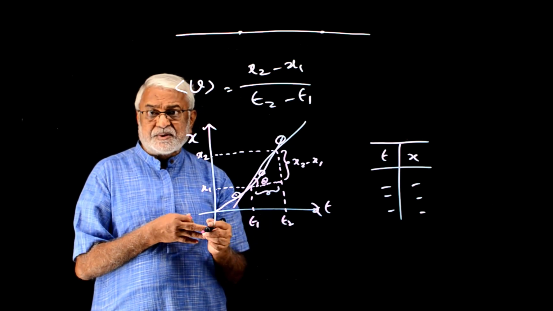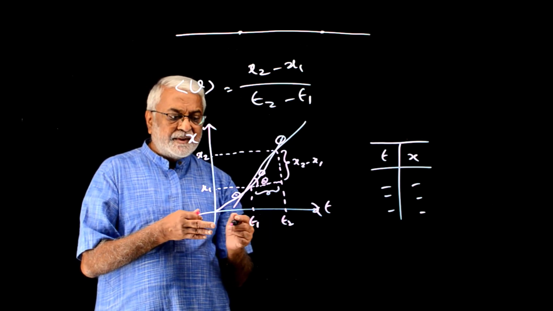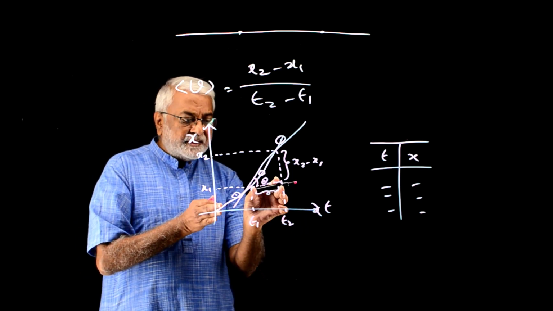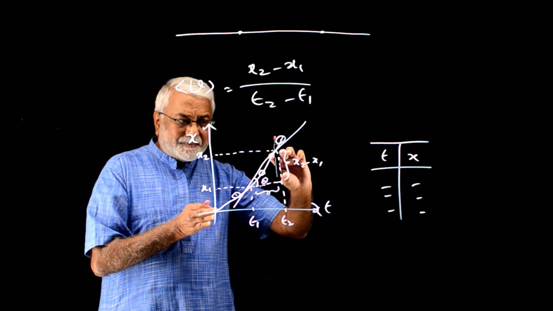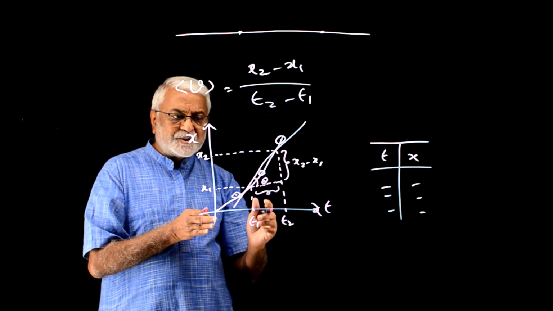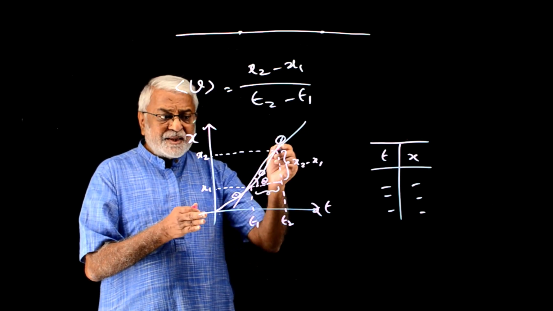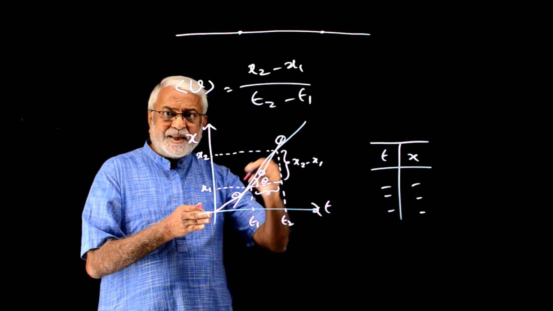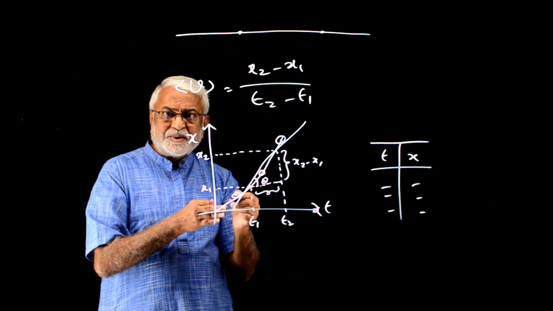But that's not our interest. We want instantaneous velocity. So imagine t1 and t2 getting closer and closer. This length tends to 0, this becomes smaller and smaller. But we are not interested in the length, we are interested in the angle theta. Right? We don't have to measure the length of anything here, we just need to measure the angle.